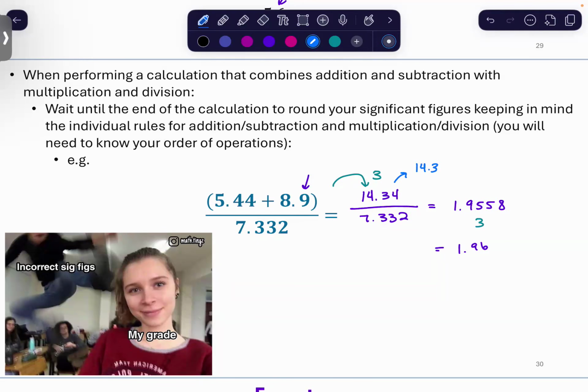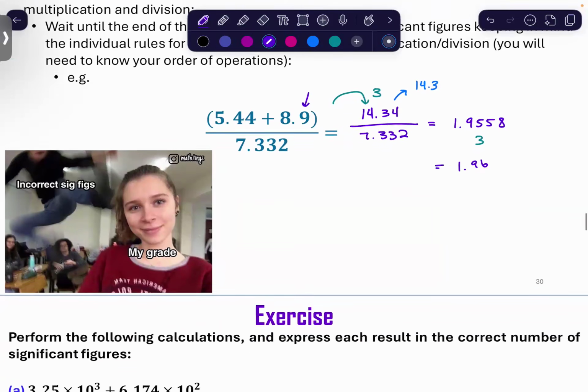That's where the three significant figures comes from. That's why you round to 1.96 at the end. But you still end up slightly off. So it's best to keep track of what you would have done the whole way through, and then take that into account when you're counting the significant figures you have to round to at the end. So it'll just take some practice.